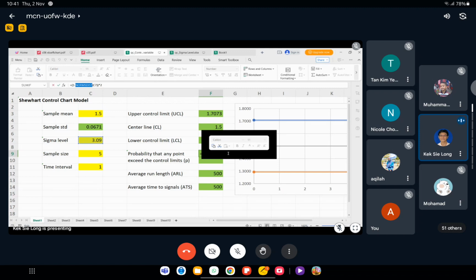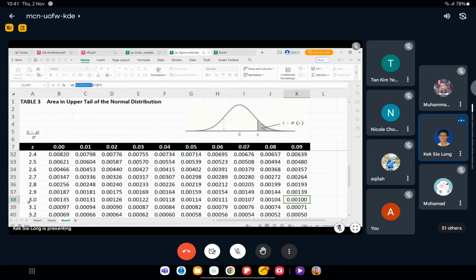I repeat, normal standard distribution 3.09. We read this value from the statistical table. This is the probability x greater than 3.09. From the statistical table, the value is 0.001. If you still remember, 3.09. Yeah, 0.001, right?